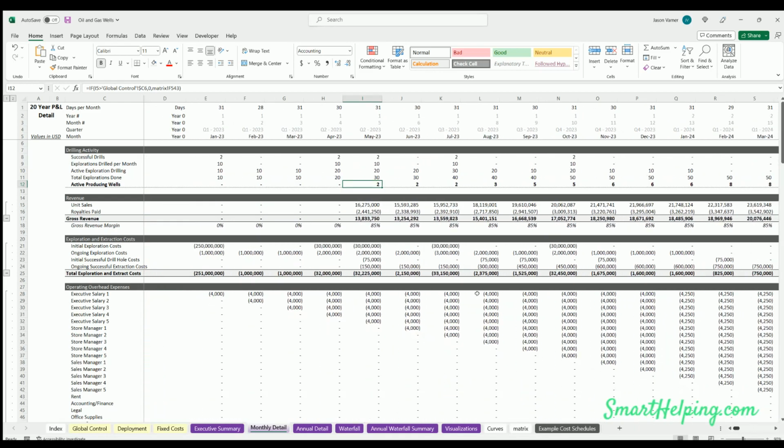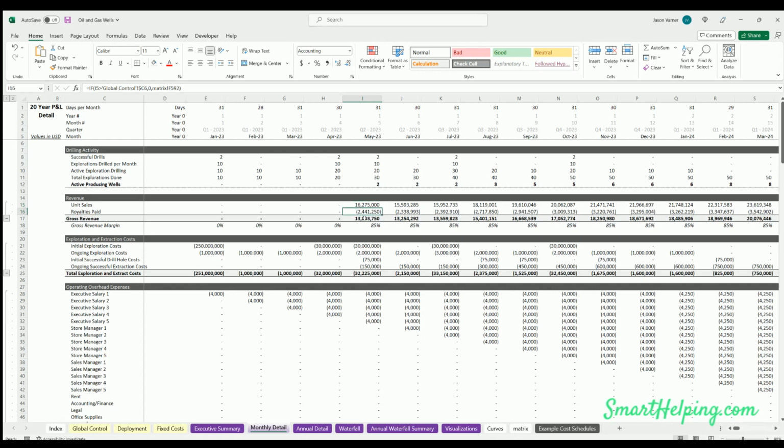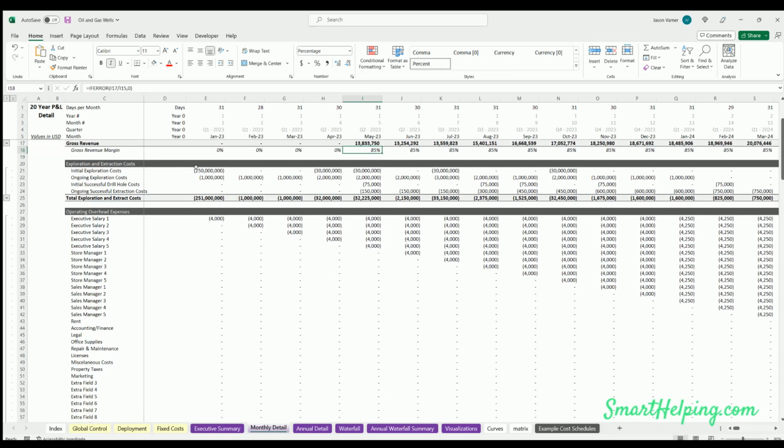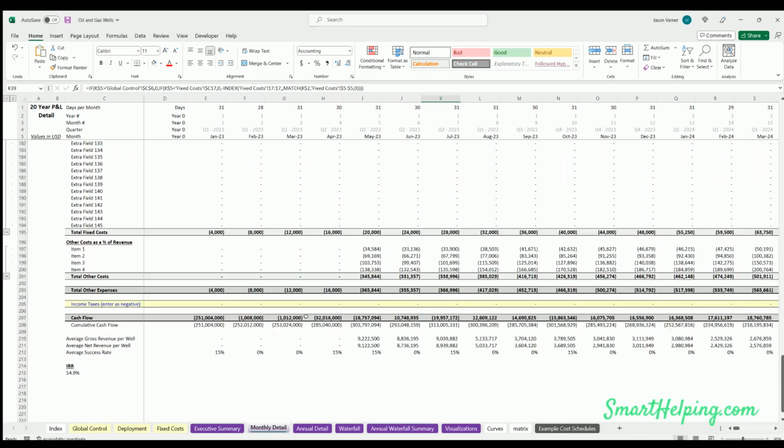And that's all, again, based on the deployment data. You've got your revenue, royalties, percentage margin on that, all your big one-time exploration costs, ongoing costs, successful well deployment costs and ongoing extraction costs. Then all your fixed operating costs from the fixed cost tab. Here, other costs as a percentage of revenue, other expenses total, and then you've got the cash flow.